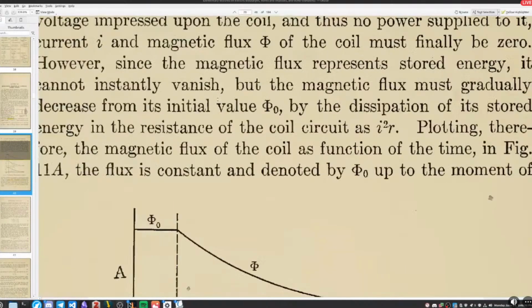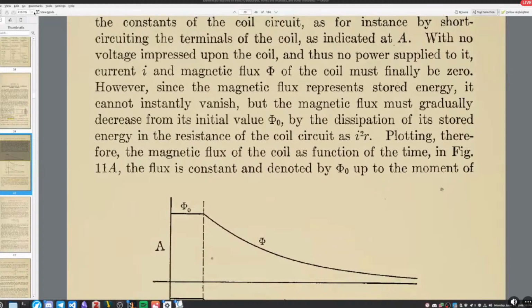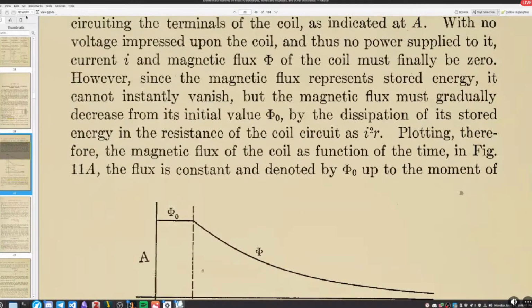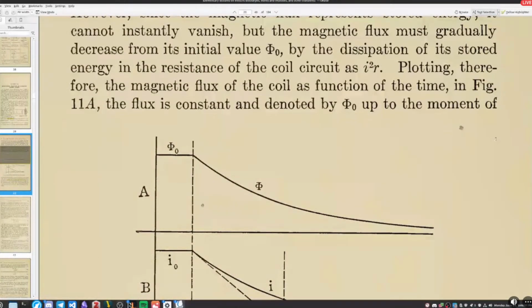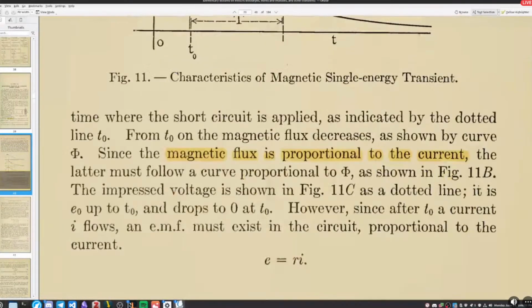However, since the magnetic flux represents stored energy, it cannot instantly vanish, but must gradually decrease from its initial value, phi naught, by the dissipation of its stored energy in the resistance of the coil circuit as current squared times resistance.